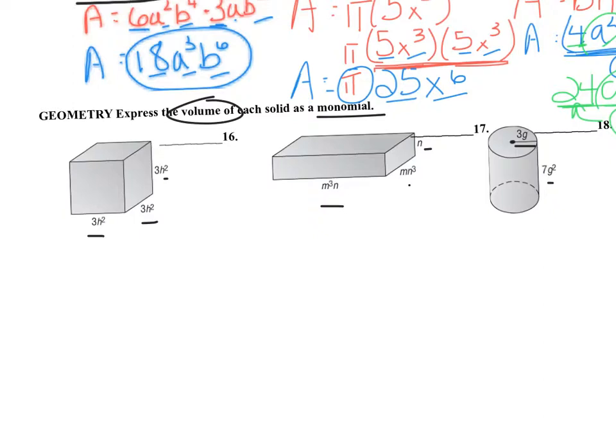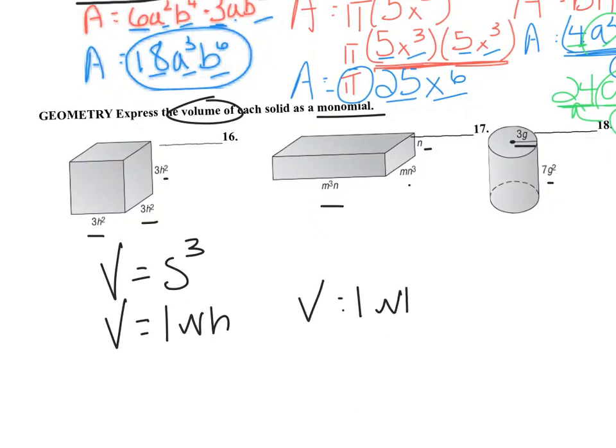The volume of a cube is written as volume equals side cubed, but I more commonly use length times width times height because that applies to both cubes and to rectangular prisms. So volume equals length times width times height. I'm going to hold off on number 17 for right now. Pause the video and substitute in the values for each of the variables on number 16 and 17.